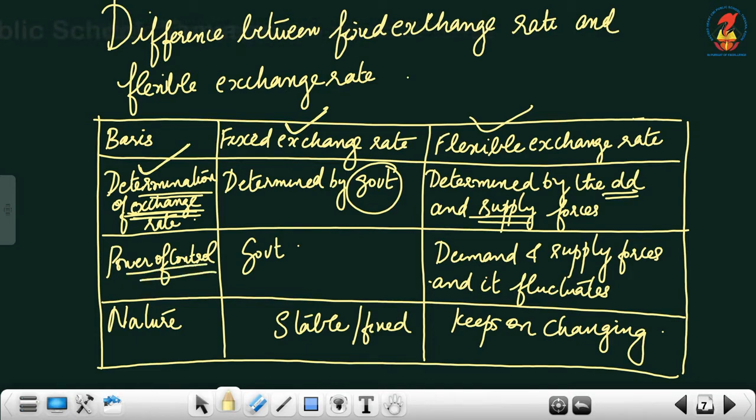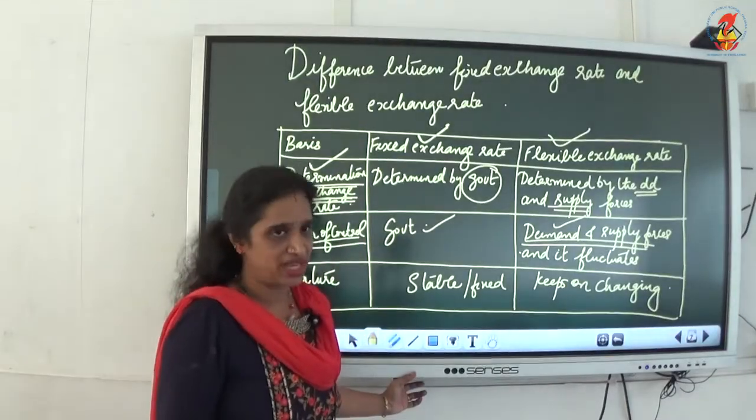Now on the basis of power of control, who has the power to control the fixed exchange rate system? Only the government. Who has the power to control the flexible exchange rate system? It is done automatically by the demand and supply forces, and it always fluctuates.